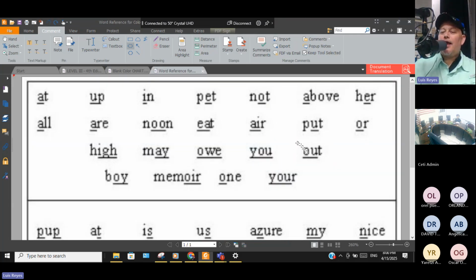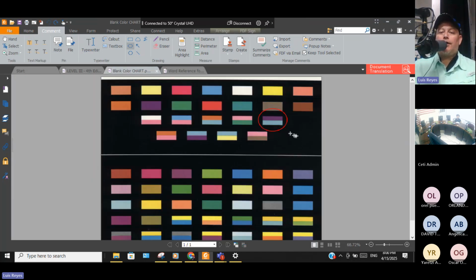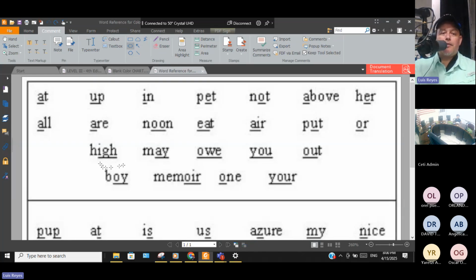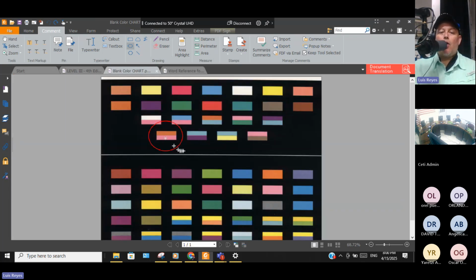Out, O-U-T, ow on the color chart. Boy, B-O-Y, oi on the color chart.